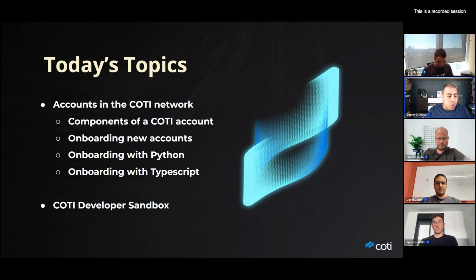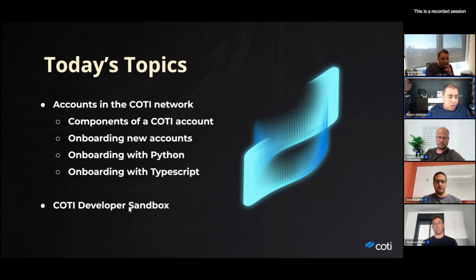Today we're going to cover at a high level what accounts are in the COTI network. There are some components that are specifically akin to an account in the COTI network that make it unique. And there are certain steps that need to be taken whenever you are about to use an account on the network and you want to execute privacy-preserving operations, such as encrypt, decrypt, and things like that.